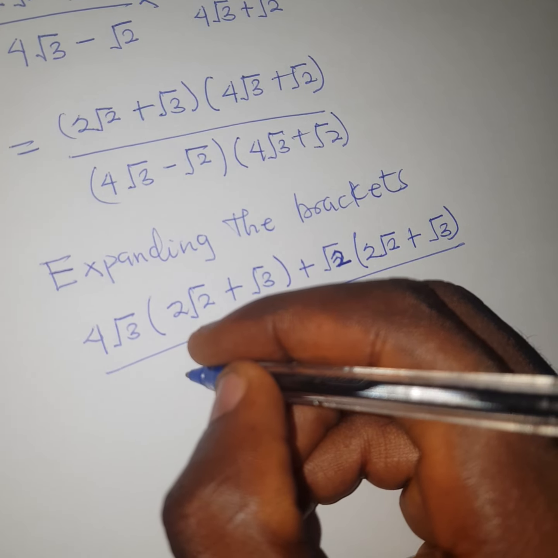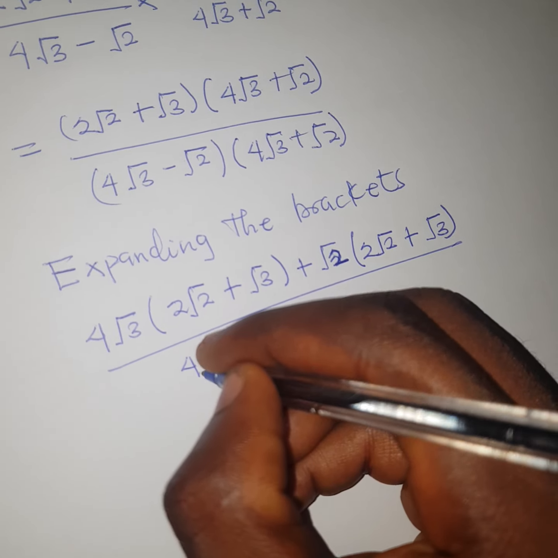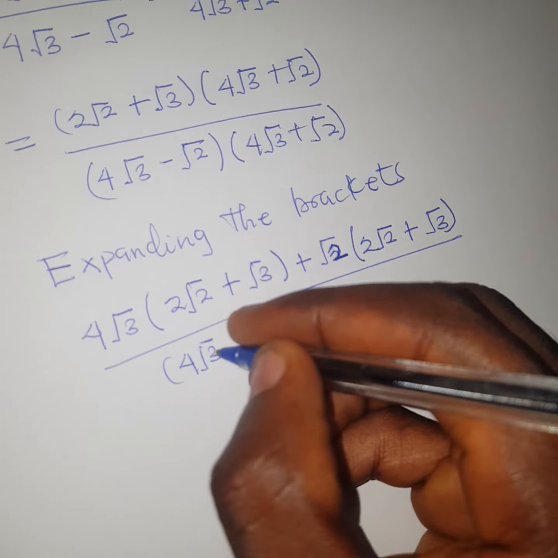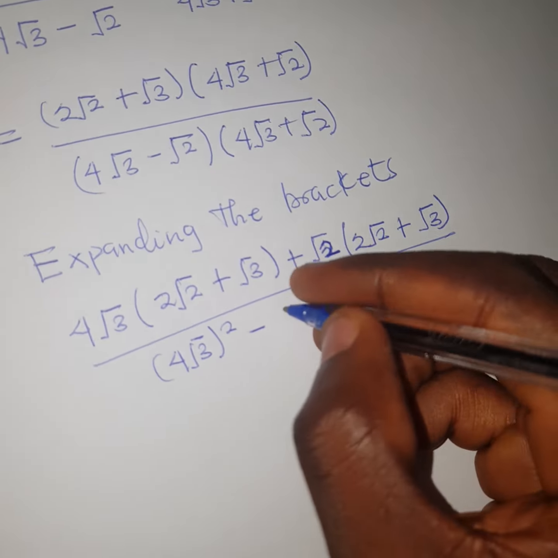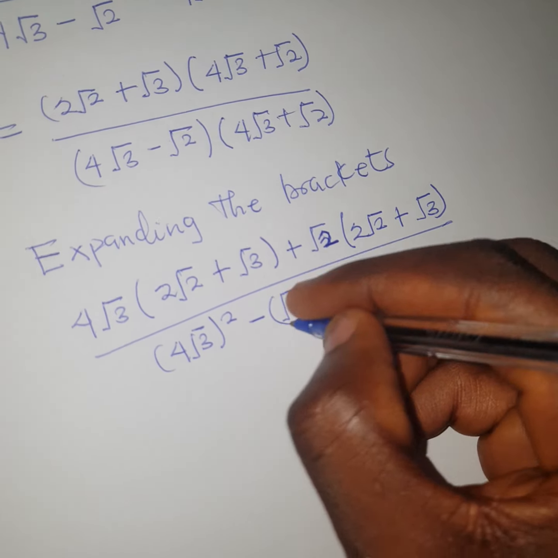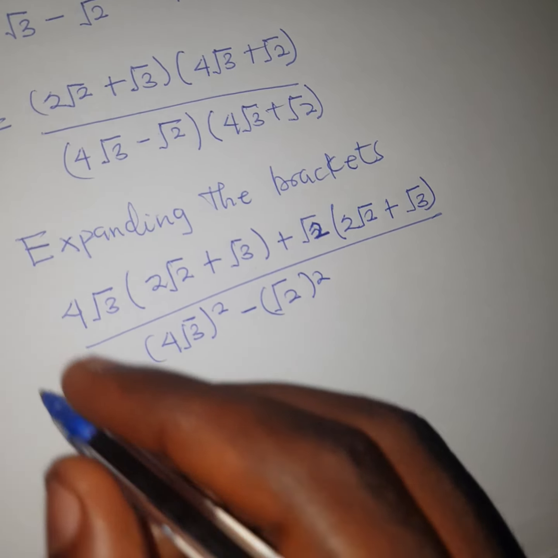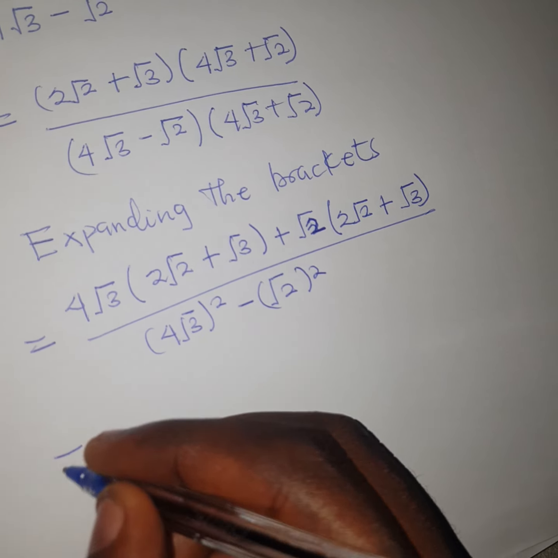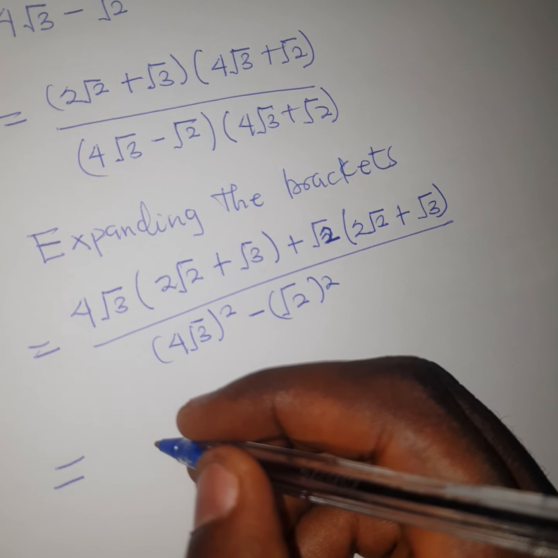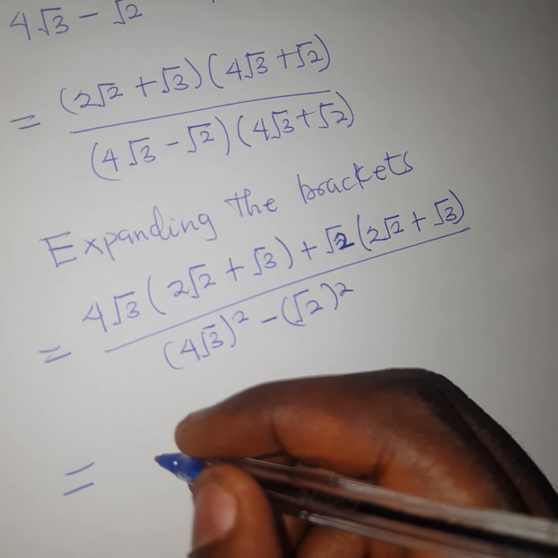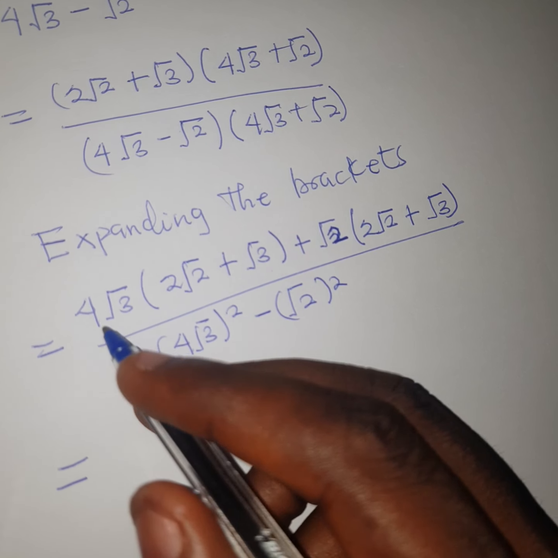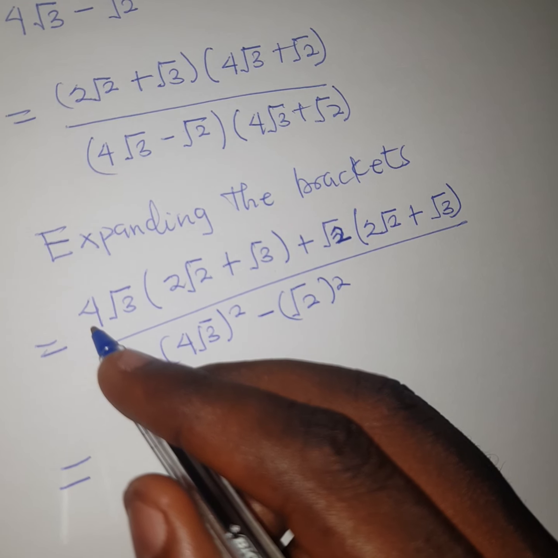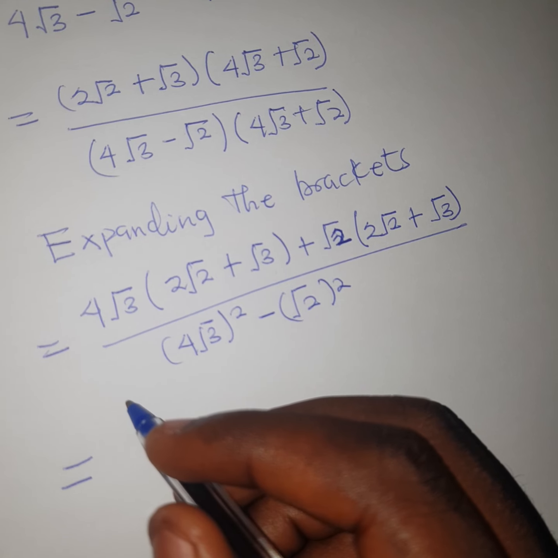So the expression with negative side is 4 root 3 squared minus root 2 squared. So the next thing is we are expanding now.